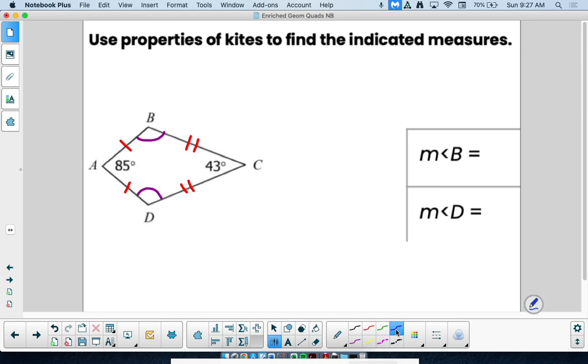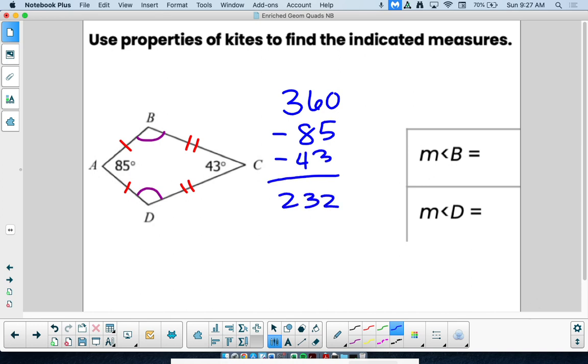We started by finding missing angle measures. So this is a four-sided figure, and we know that a four-sided figure has 360 degrees in it. We subtract away the angles we know, we're left with 232. And now I have to split that equally between angles B and D. So 232 divided by 2 gives us 116. So there we go. We're both 116 degrees.